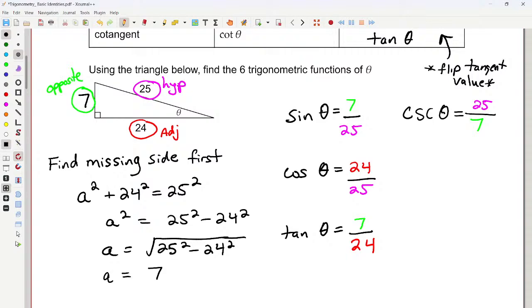Cosine starts with C. Its reciprocal starts with S, the secant. Literally flip the number value. Tangent's reciprocal is cotangent.